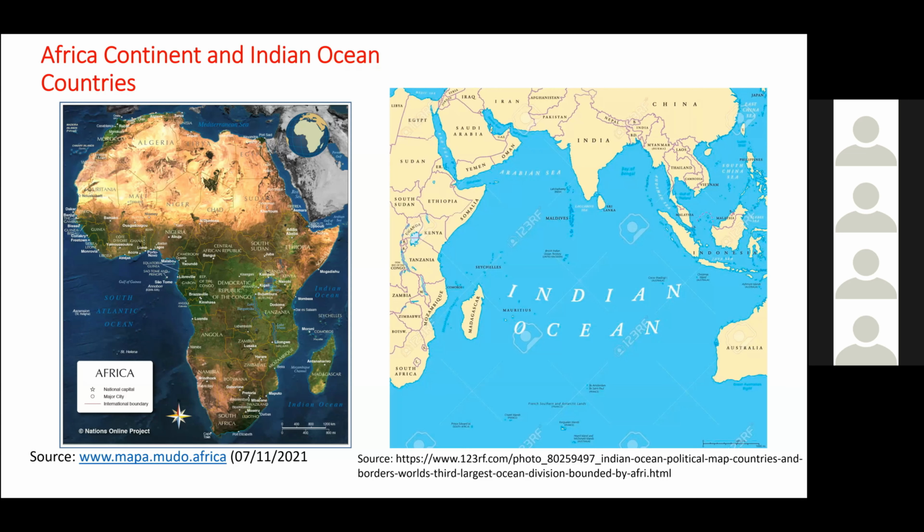We have three colors: the yellow one, the brown one, and the green one. Of course, the water or the oceans is represented by blue. The yellow and brown represent the deserts of Africa.